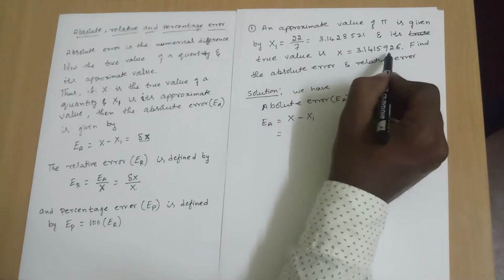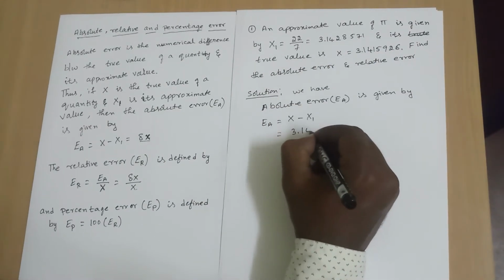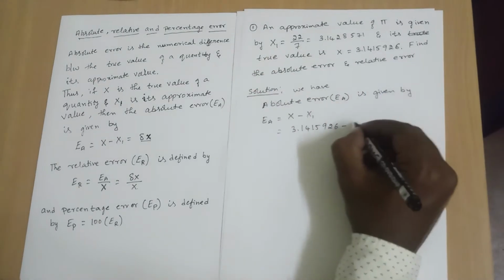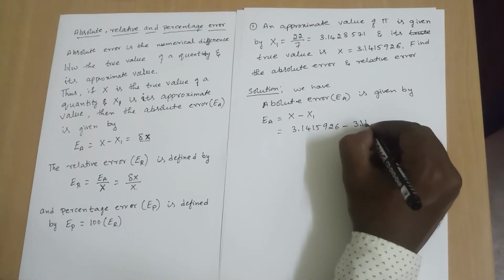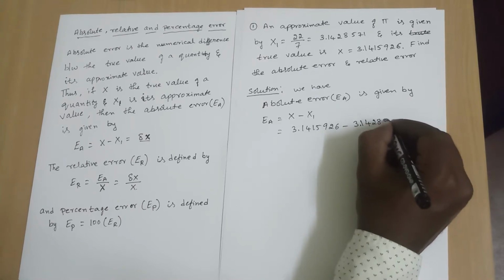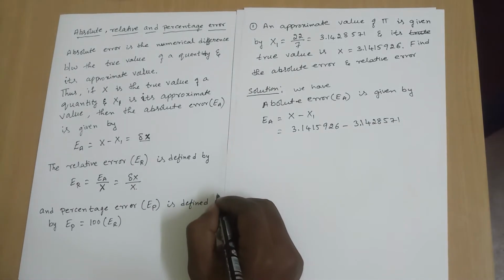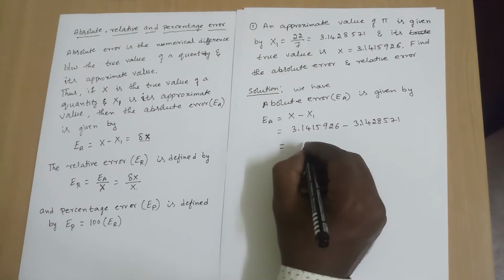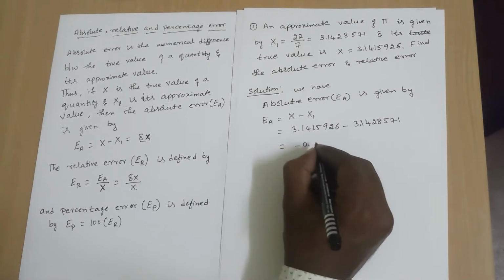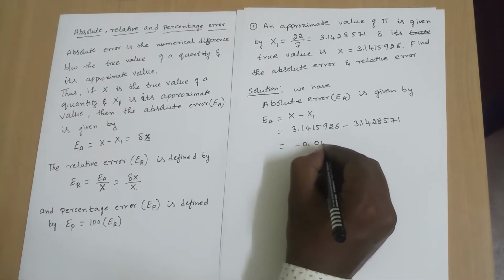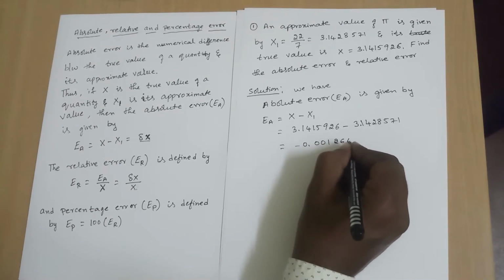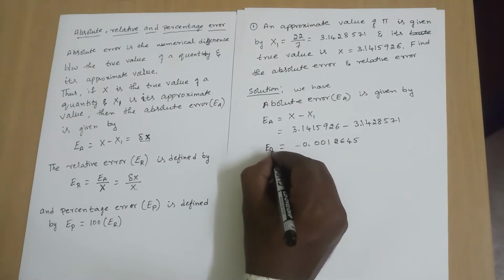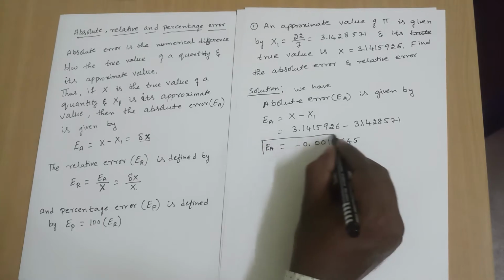Here capital X they given 3.1415926 minus 3.1428571. Okay, so what do you get for the difference? Difference is minus 0.001265. So this is your absolute error.